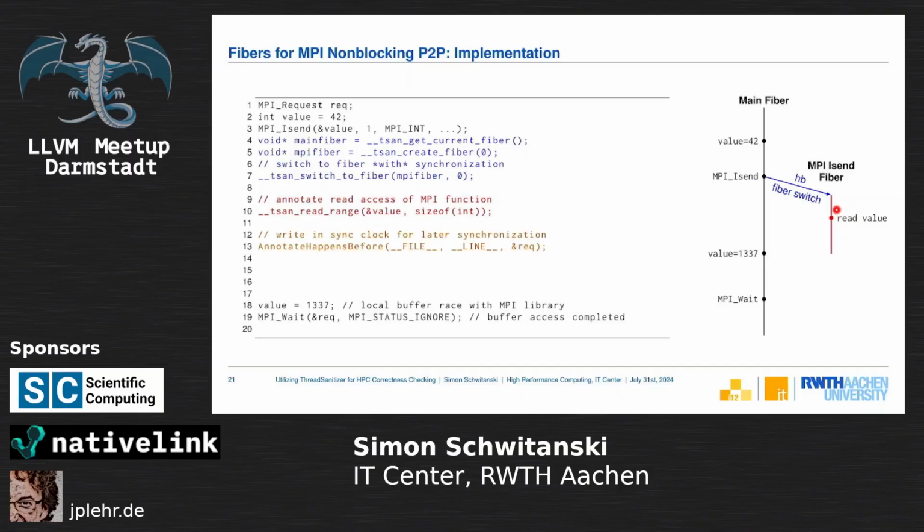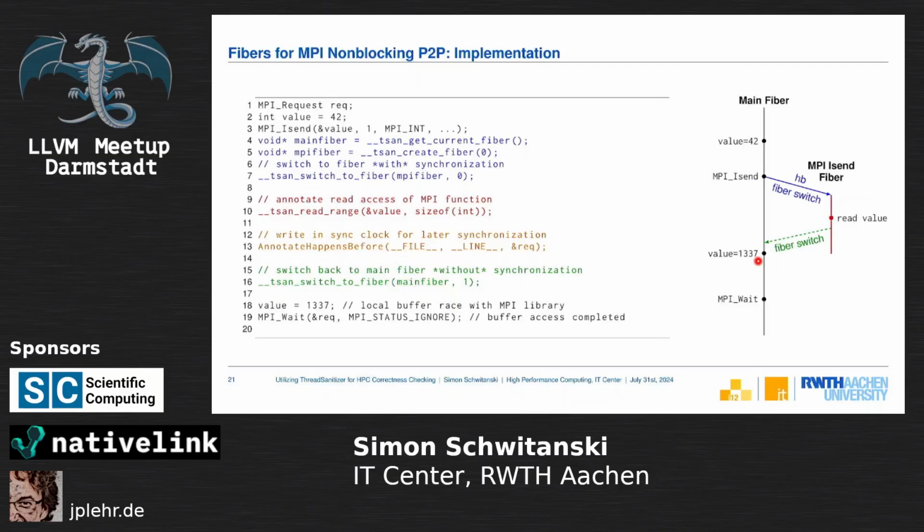And then we have to already write a synchronization point where we say, okay, at some point later on, the ISEND is also finished. So we have to use an annotate happens before at that point, but this is established later on. And then we switch back from the MPI ISEND fiber, and then continue with the usual execution. So value equals 1337.